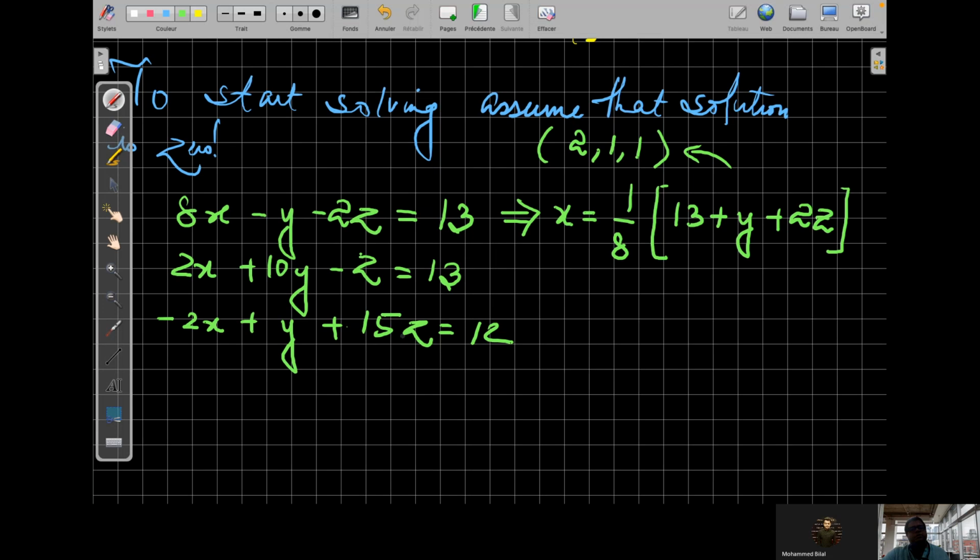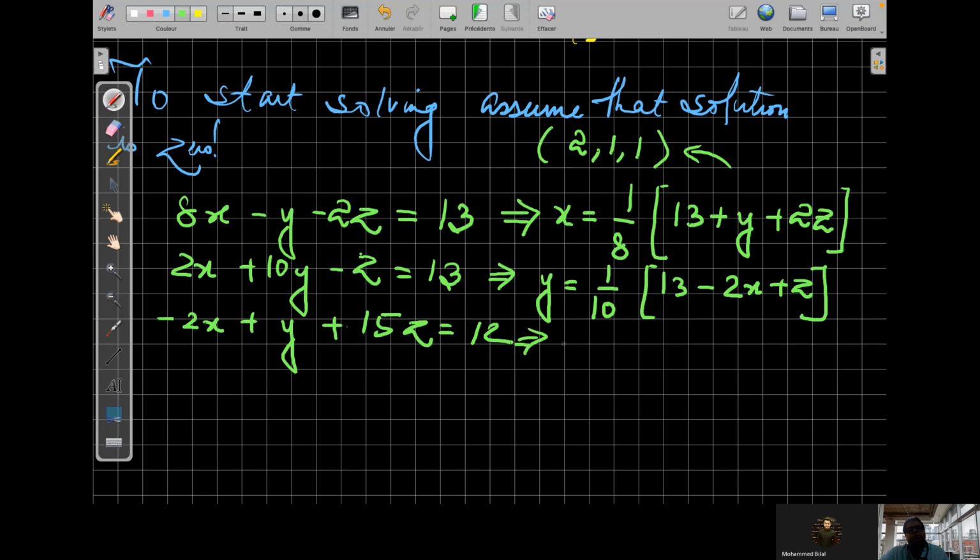In the next equation, what will happen? This will become y equals 1 upon 10, because 10 is the coefficient of y, 1 upon 10, and it will become 13 minus 2x and plus z. Is it okay?